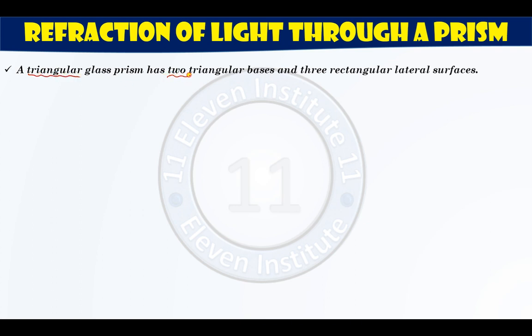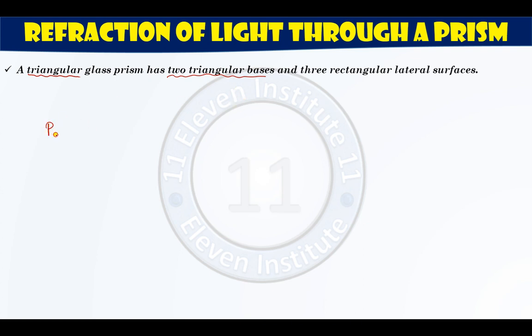A triangular glass prism has two triangular bases and three rectangular lateral surfaces. Now this should be quite clear to you: how many surfaces do prisms have?